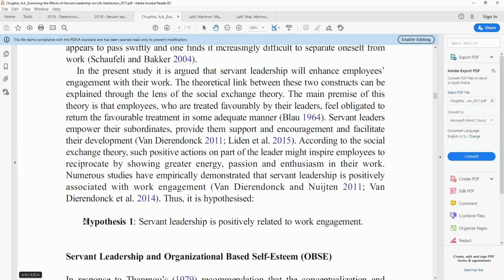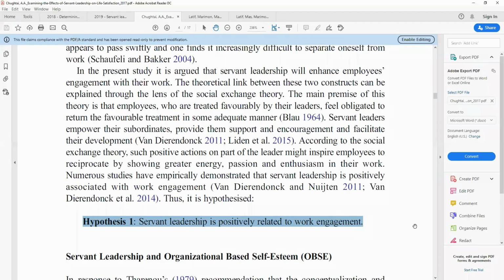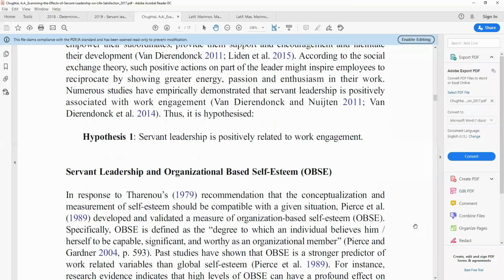So their H1 is, and if we can just copy one from here, and paste it onto our Excel sheet. So this is their H1. Similarly, now we can go and identify all other hypotheses in the paper as well. This was H1.